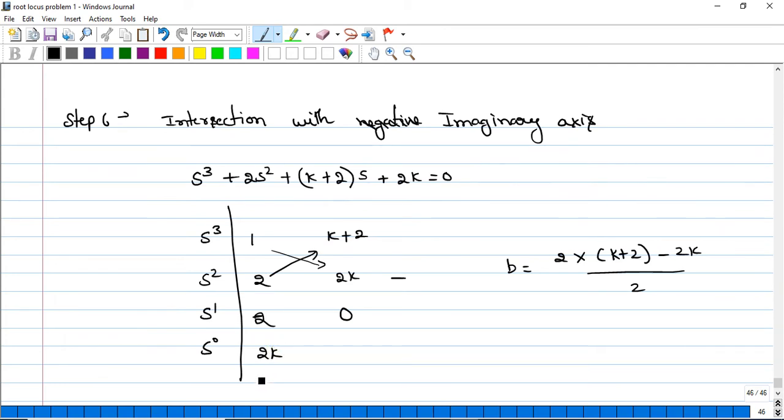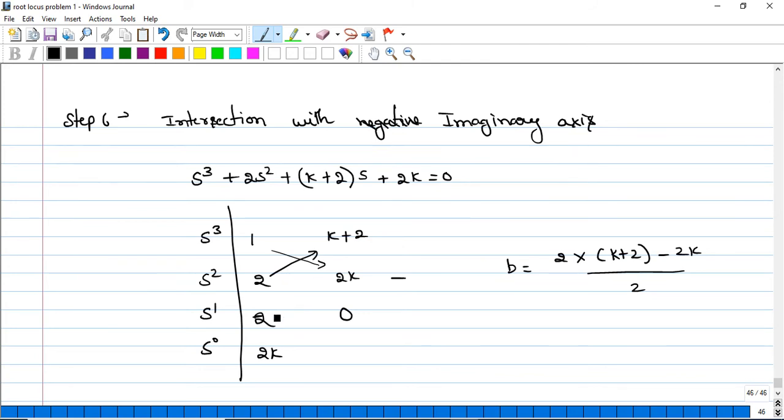See, here we can notice that, unlike in other problems where we used to get an expression in order to find the range of values, here we are straight away getting the constant as 2k.